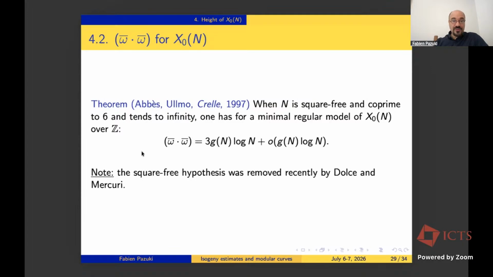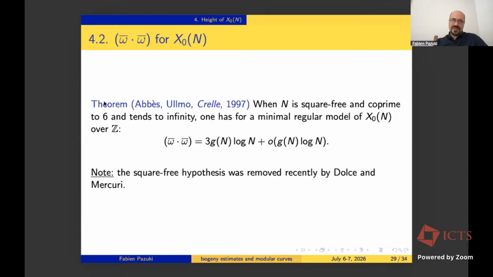So here as well, you see the omega square knows something rather intrinsic. It seems they almost agree. You see the omega square and the Faltings height, when n grows, they behave very similarly. They are in the class of g(n) log n when you measure the size. I add a note here because in the recent paper, Dolce and Mercuri removed the square-free hypothesis.